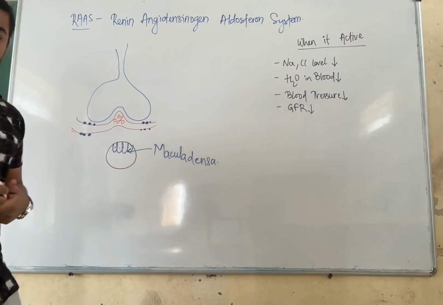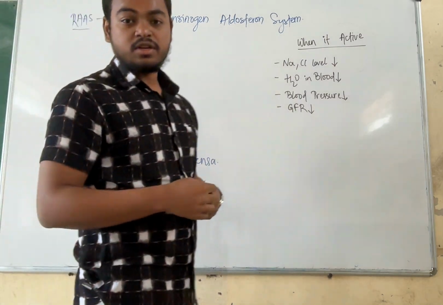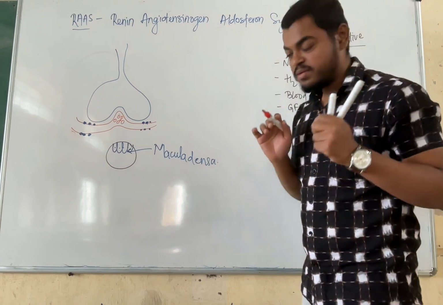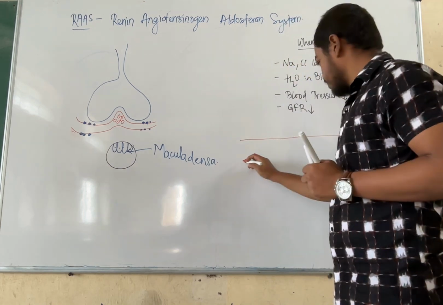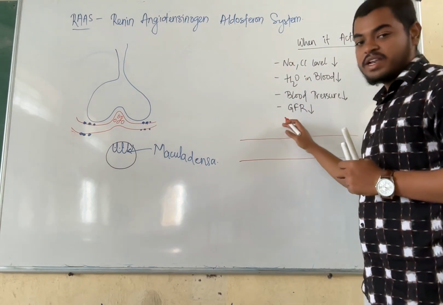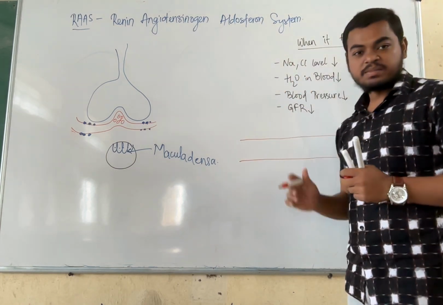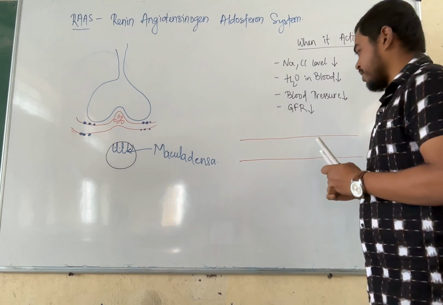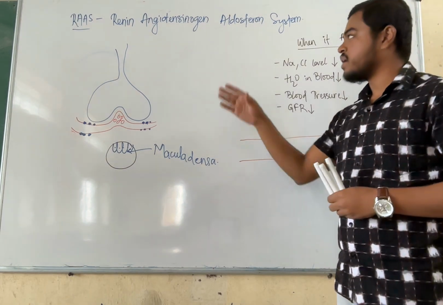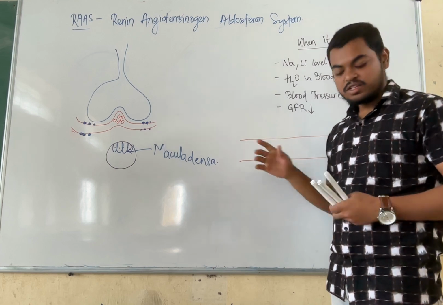Okay, so we have to know how the RAAS mechanism will work. Let me draw blood vessels. When these changes happen in the blood vessels, the RAAS mechanism will activate. There is a protein, angiotensinogen, found in the blood.